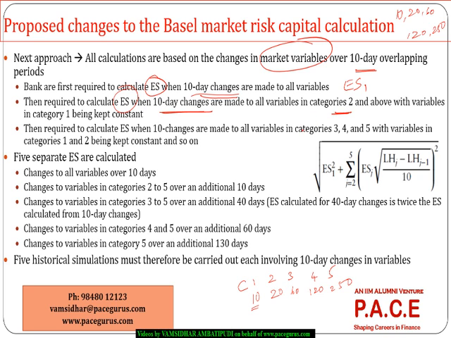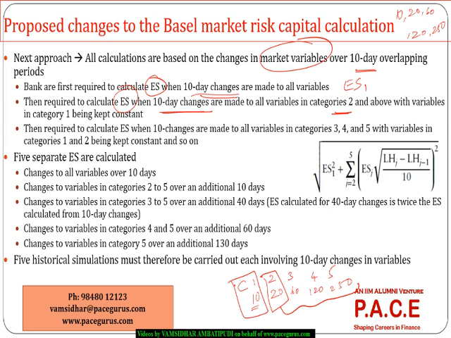Whichever instruments are part of category 2, make a 10-day change to all the variables in category 2, but keep category 1 constant. Make changes only to these and these 4.